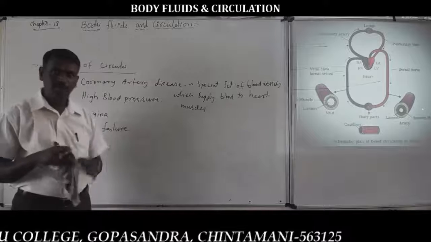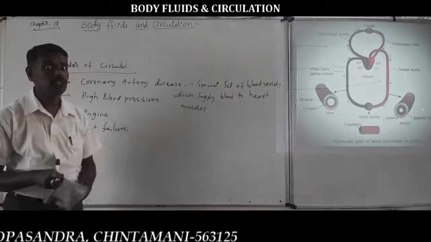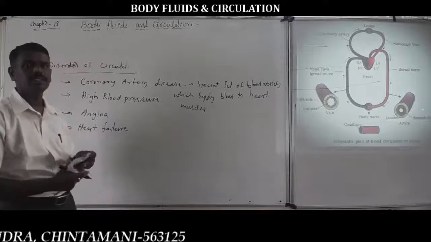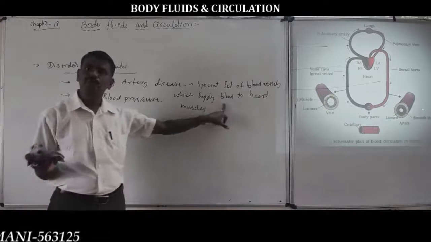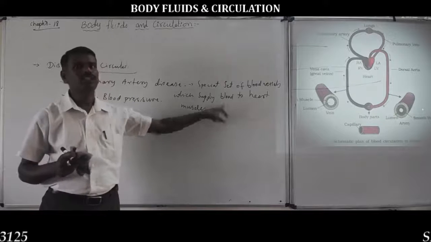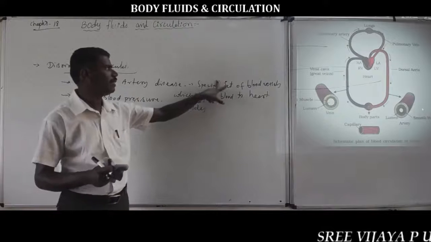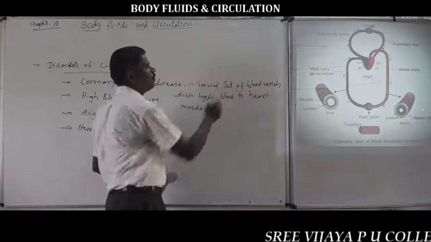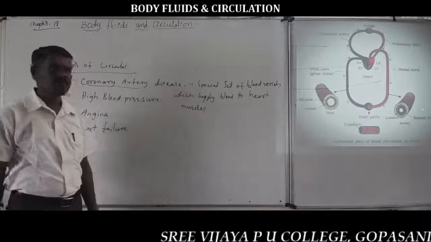The heart pumps the blood to all parts of the body, but even the heart muscles require blood, that is, nutrients. Those special blood vessels which supply nutrients to the heart muscles are called coronary arteries.